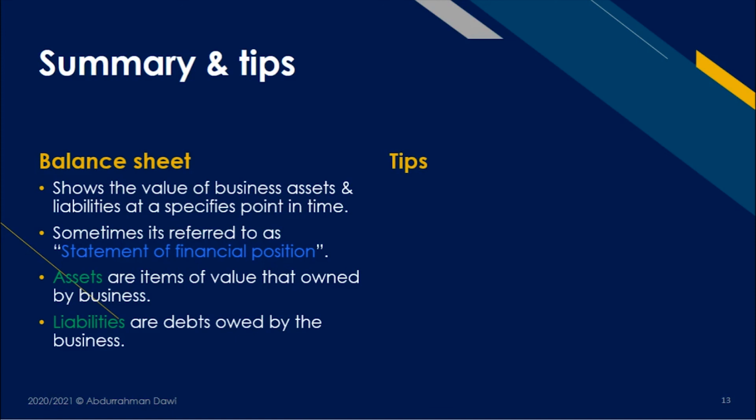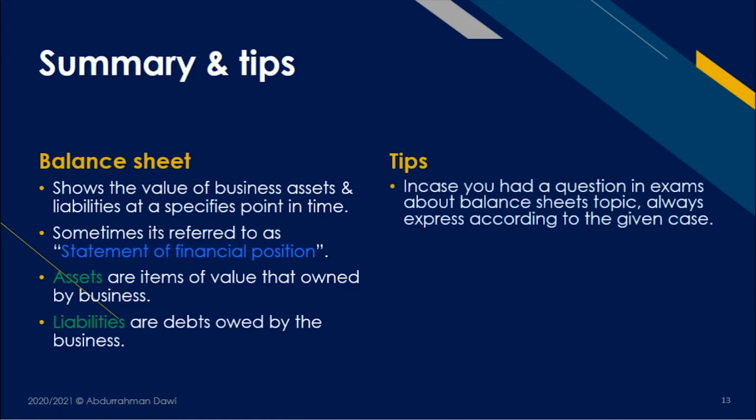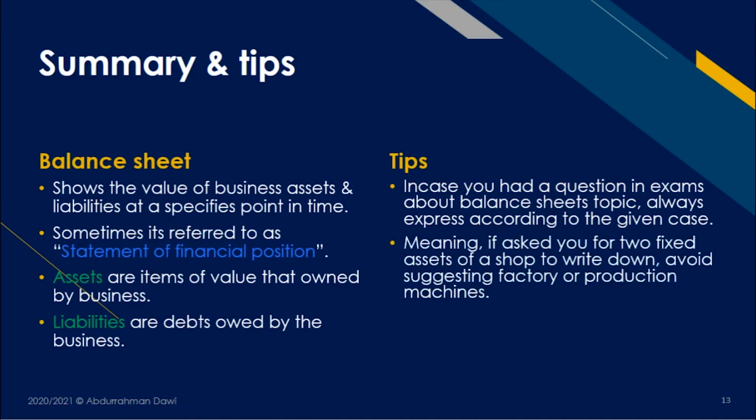As a tip, as a student, you need to understand that when you have some kind of question in the exams about the balance sheet topic, always answer according to the case that you have. For example, if you are asked about fixed assets, you need to mention two fixed assets for a shop, and you need to write them down.